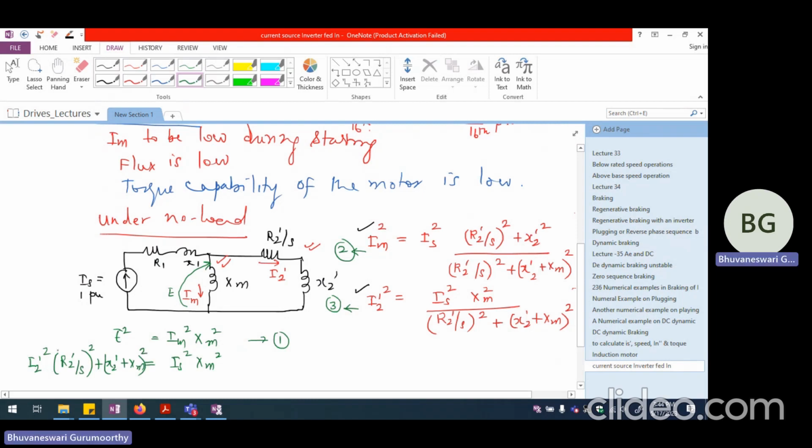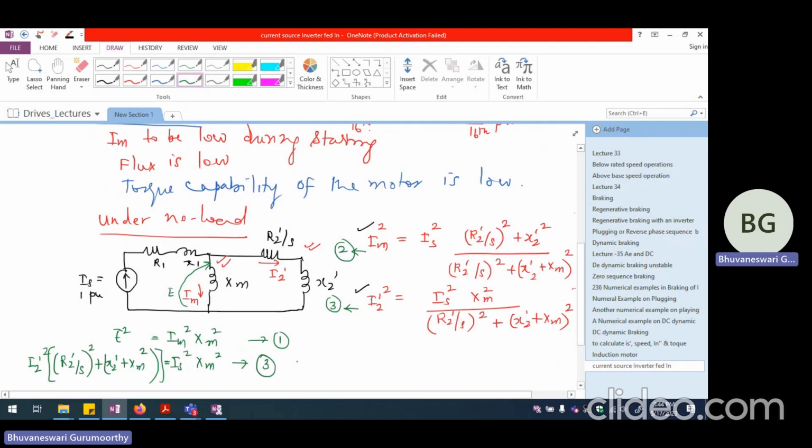So from these two, we should be able to get what is the slip value, what is the I2 dash value, and so on. All those things we should be able to obtain from these equations.